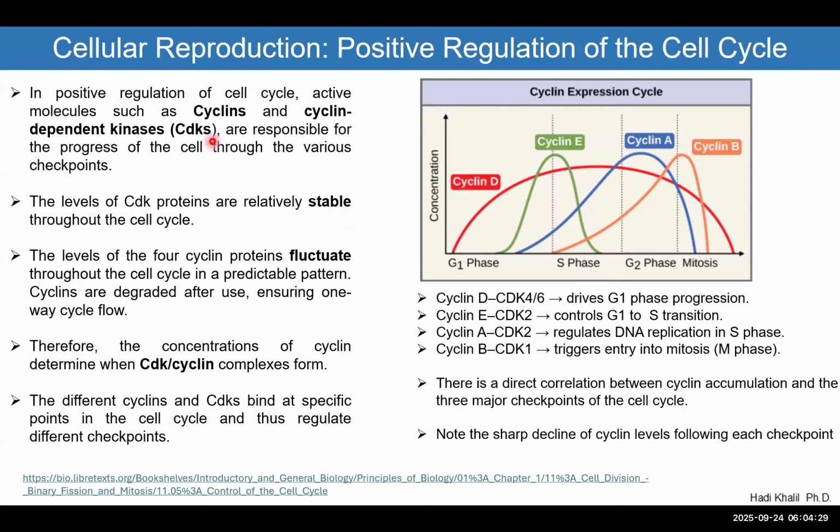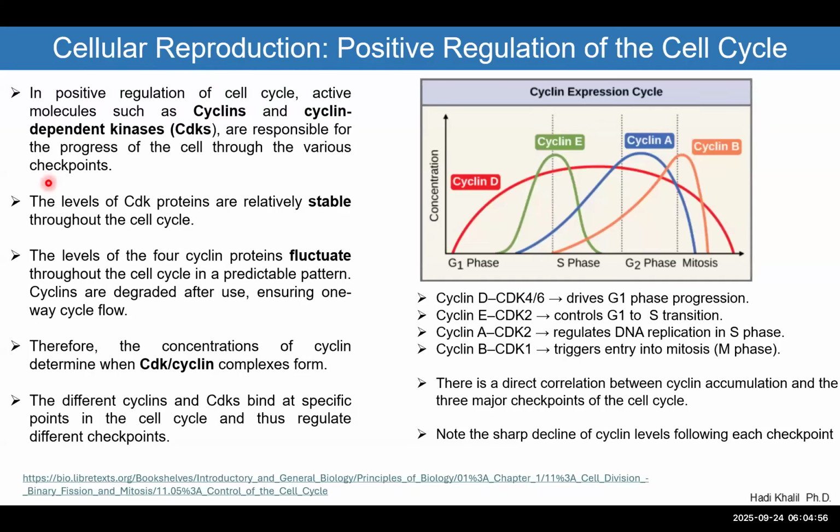So what happens here is that cyclins and CDKs bind to each other, and then that's how they perform a function. The CDKs, which are the kinases, are stable. So they are not presented in this graph here, but their level is stable. So it could be a straight line like this.